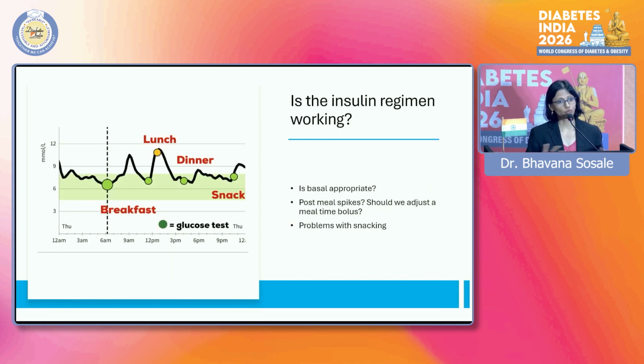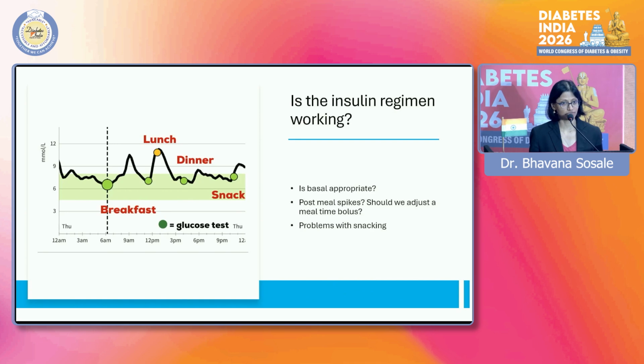So, what would it tell you if you had to change someone's insulin regimen? Now, if someone's connected to a pump or even pens and they're using the CGM device and getting the real time values, they would need to use that information to see if their basal dose is okay. Are there post meal spikes? Should we adjust a mealtime dose? Or is that actually fine? Is my fasting okay? No night hypos?